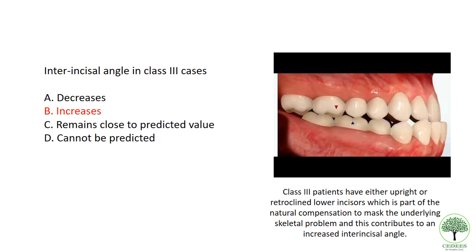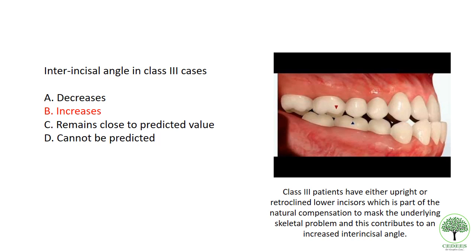And why is it so? It's because when a patient has a skeletal malocclusion such as a class 3 malocclusion, nature tries to compensate for this class 3 appearance. How does it reduce this appearance? Basically by either proclining the upper incisors or retroclining the lower incisors, but retroclination of the lower incisors is the more common way of natural compensation to mask this underlying class 3.